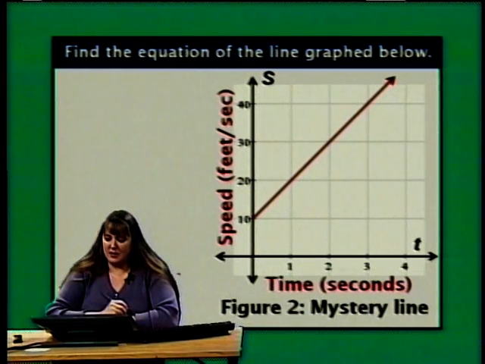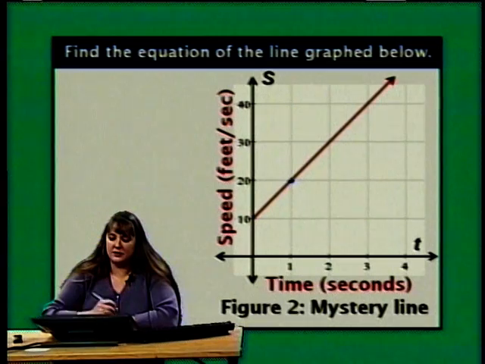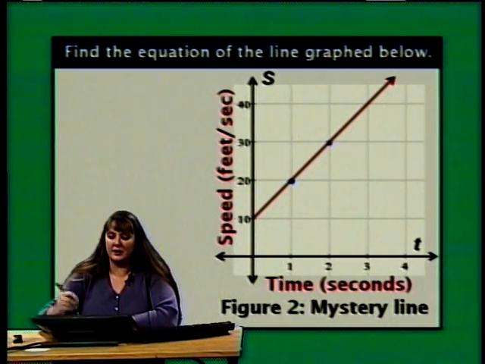Let's look at another example. This mystery line has some labels on the axes. It looks like we're looking at speed in feet per second versus time in seconds. Let's look at a couple of points on the line. For instance, it looks like 1, 20 is a point on the line, and it also looks like 2, 30 is a point on the line.